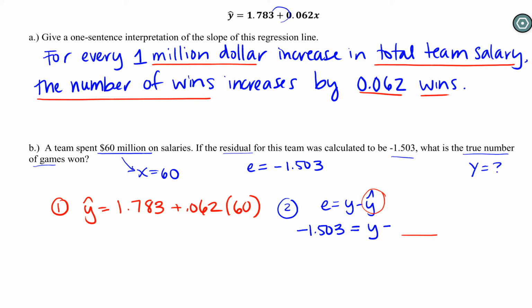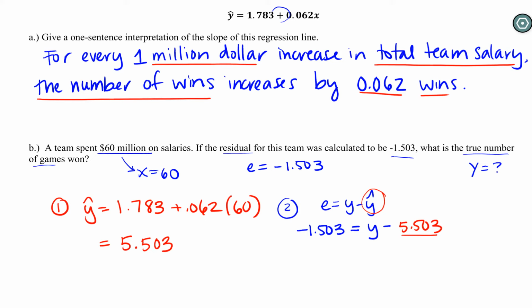And according to my calculator, I would have predicted this team to have won 5.503 of their regular season games, which seems like a very sad return on investment for $60 million. But now I have this, and I can pop it in over here, 5.503. And this is the hardest algebra we will do in this class.